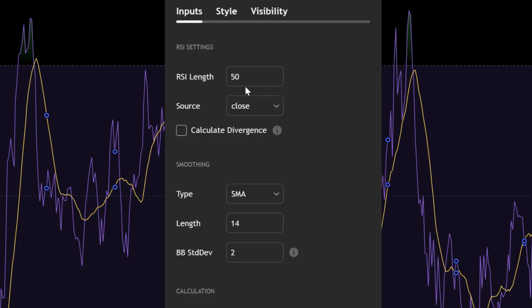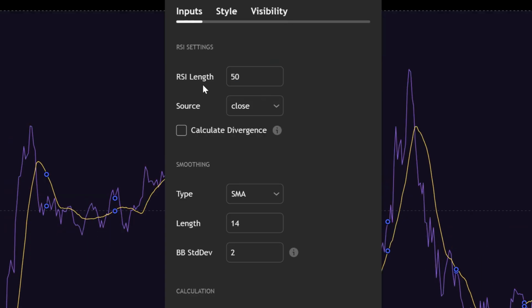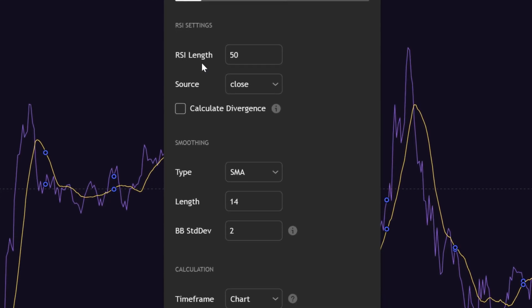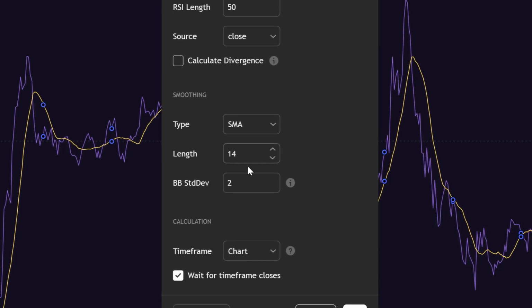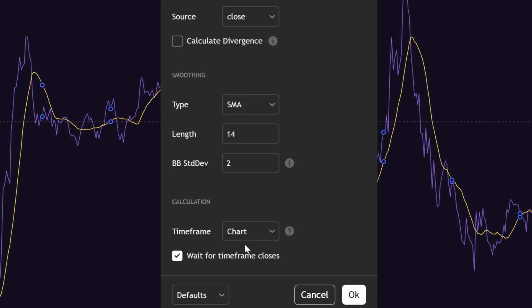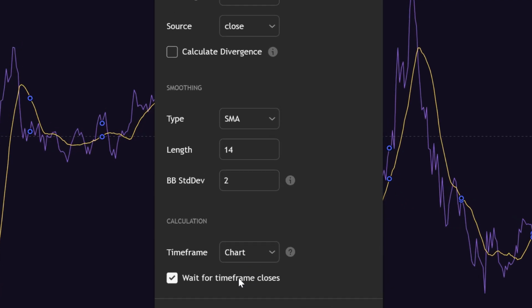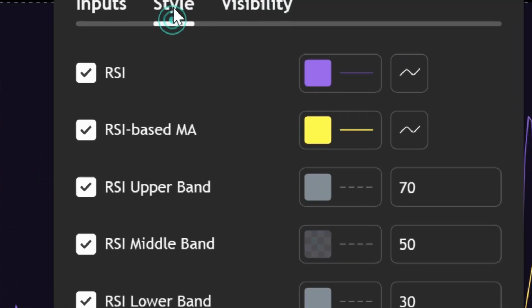These adjustments will give us a much smoother RSI reading to work with. Okay, that's the only change needed in the inputs.